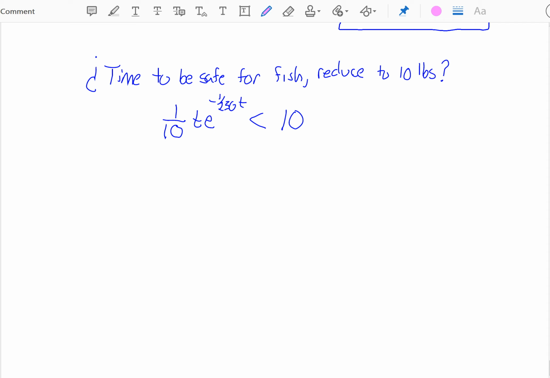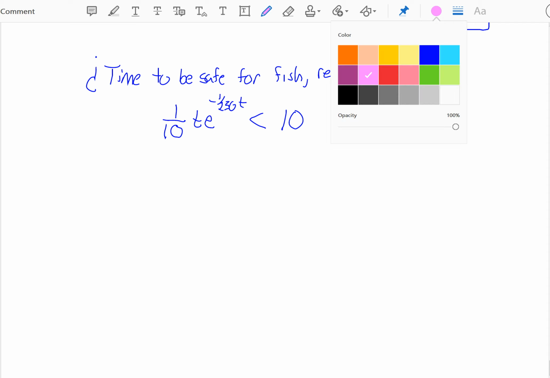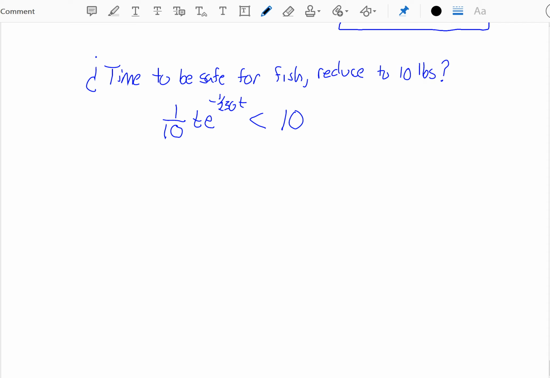So if we're thinking of this problem graphically, maybe we can put a little sketch here. Here's our time. I'll make this a little bit bigger since I have all this room here. And here's the chemical.